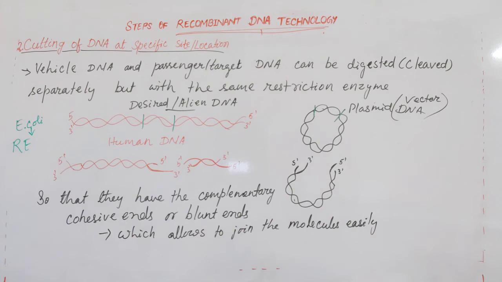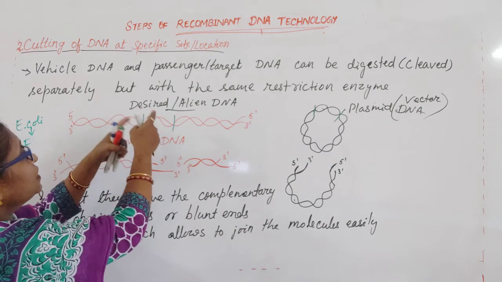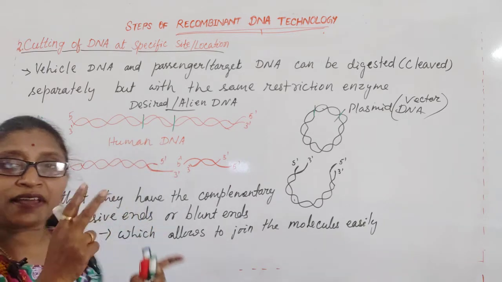Now suppose where are these specific recognition sites that the RE can cut.